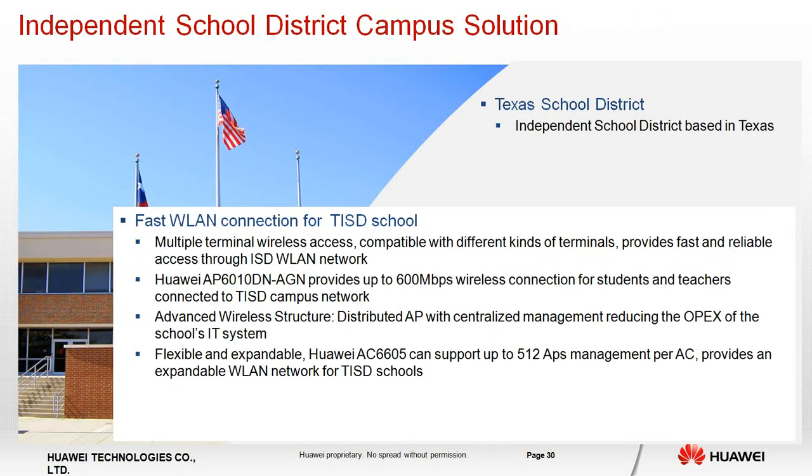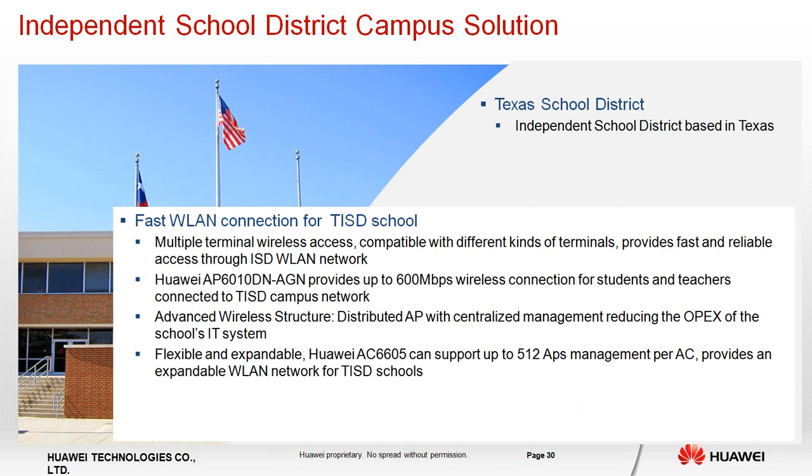This is one of the case studies that I wanted to mention. It's from an independent school district in Texas, in the US. They were struggling with growing network loads; the number of students and faculty were increasing. They didn't have enough budget.